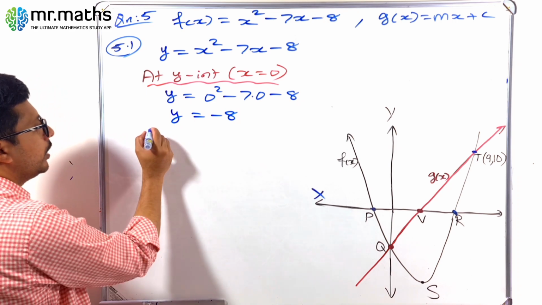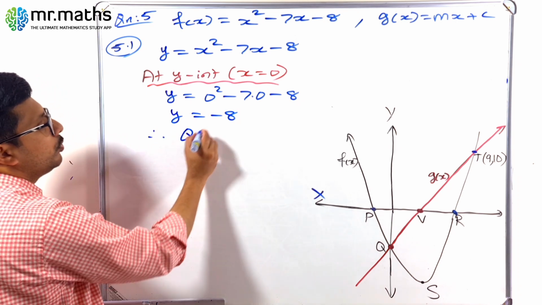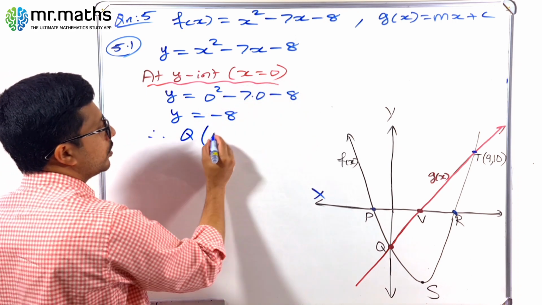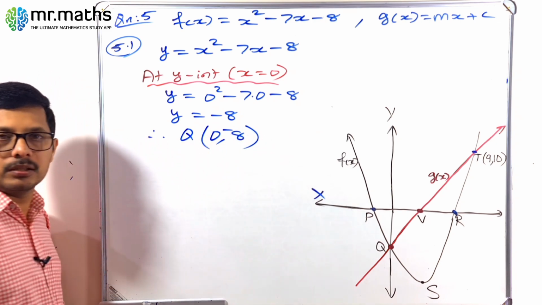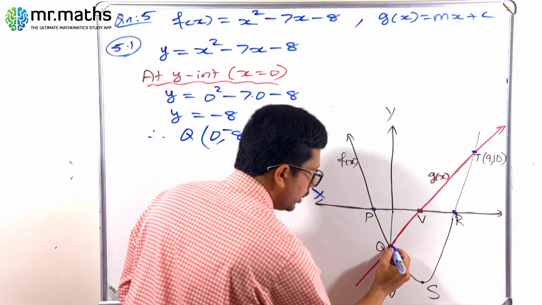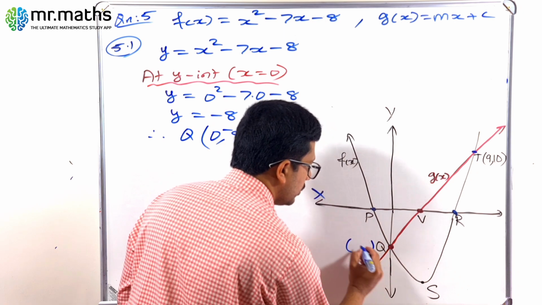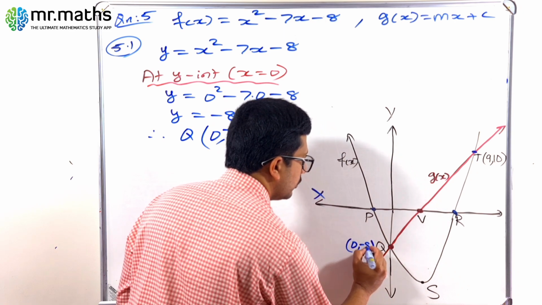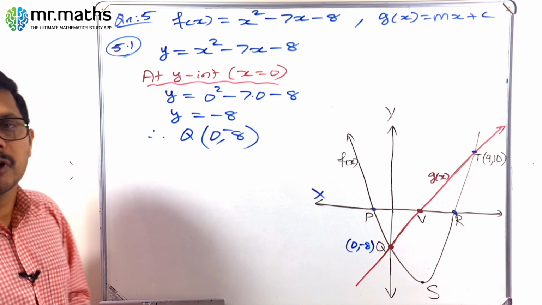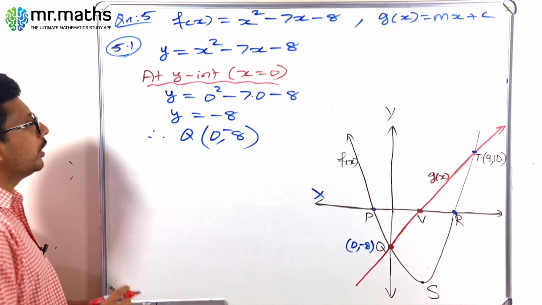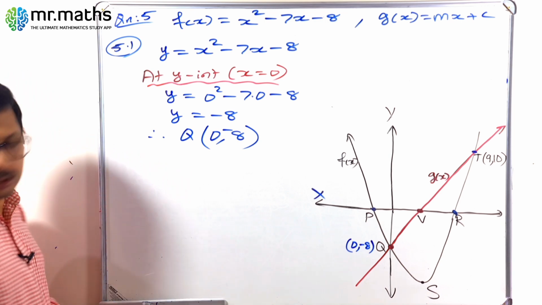Therefore the coordinates of Q are x value 0 and y value minus 8, so this point is (0, -8). That is question number 5.1. Now let's move to the next question, question number 5.2.